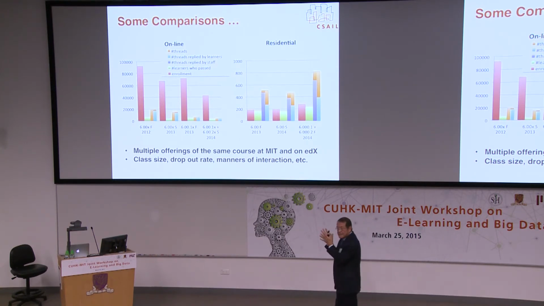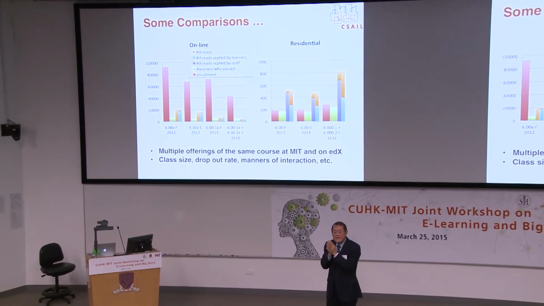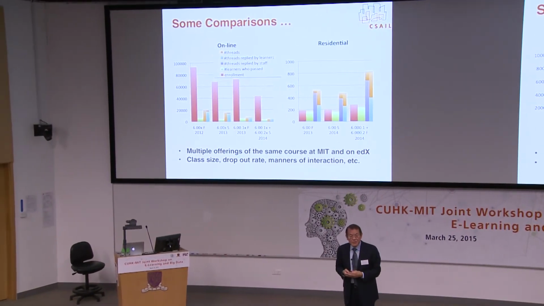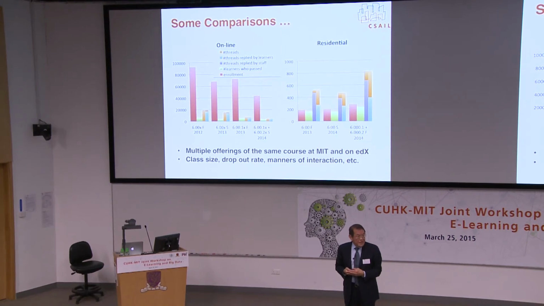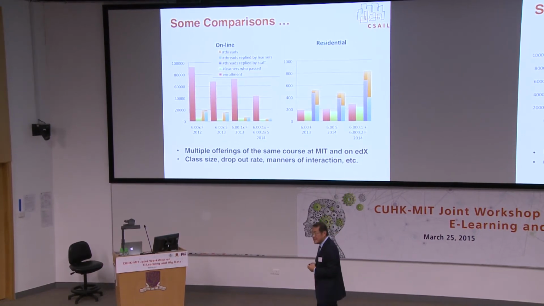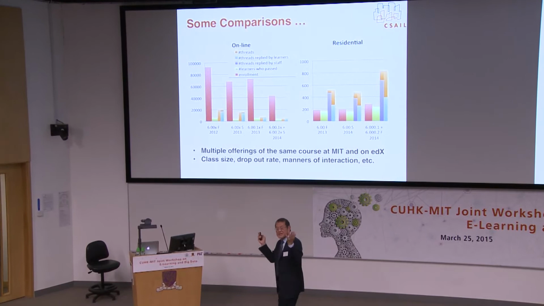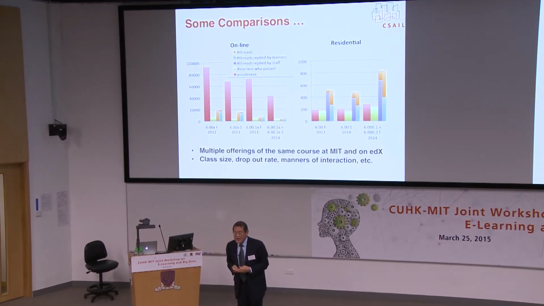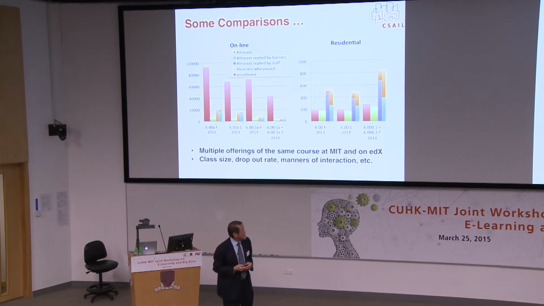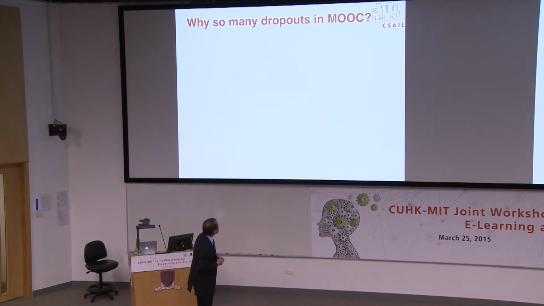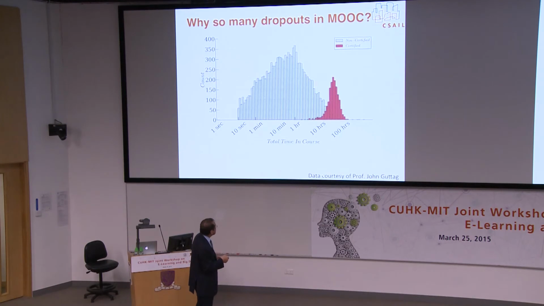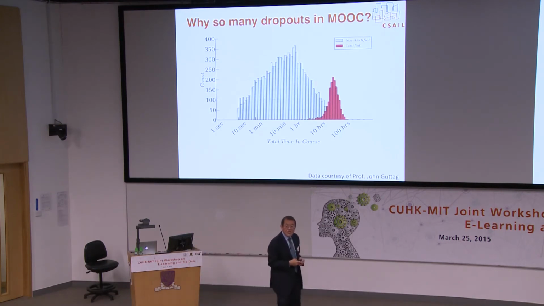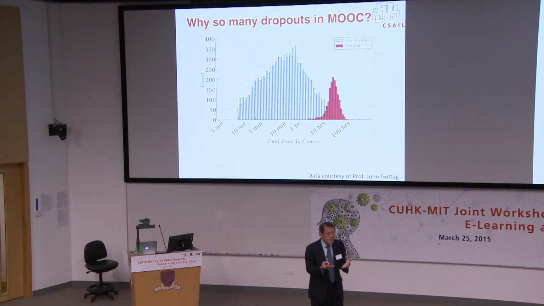You might ask, why is it that we have so many people dropping out? If you look at the marketing data, it says hundreds of thousands, millions of students have enrolled in a course. But if you look at the data, honestly, this is the data provided by Professor John CUHK, who is the instructor for that Python course.